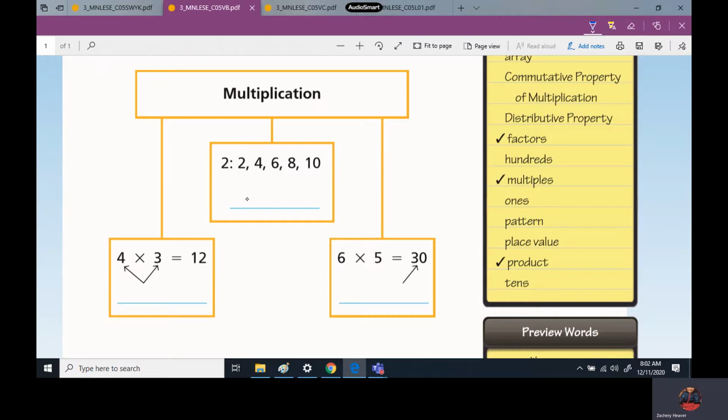These are multiples. Multiples of 2 are 2, 4, 6, 8, 10, and so on. This is a product. It's the answer to a multiplication, and these are factors. These factors make the product, okay?